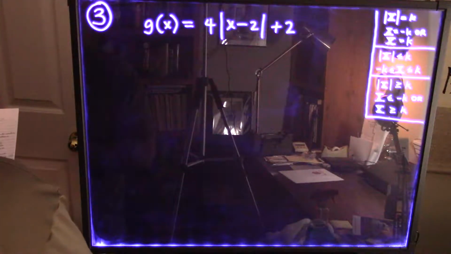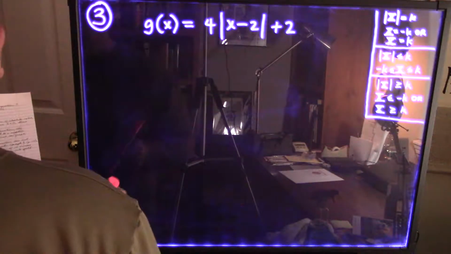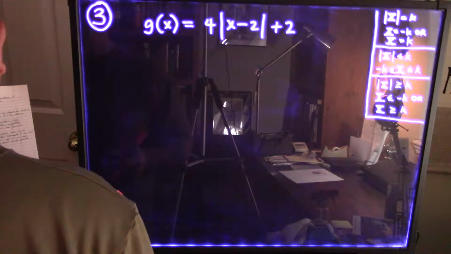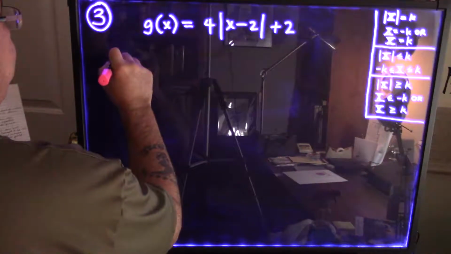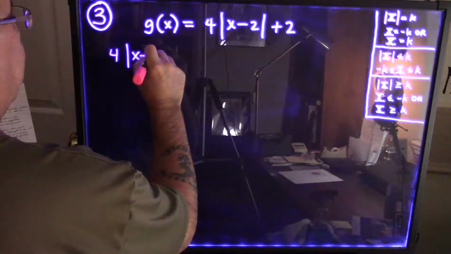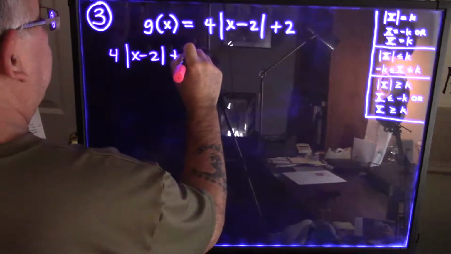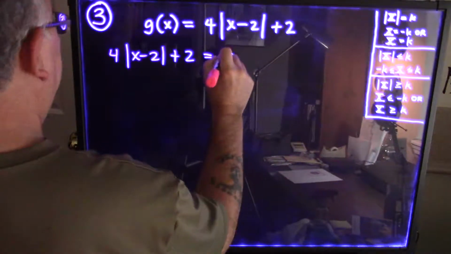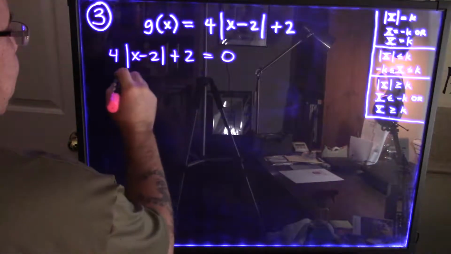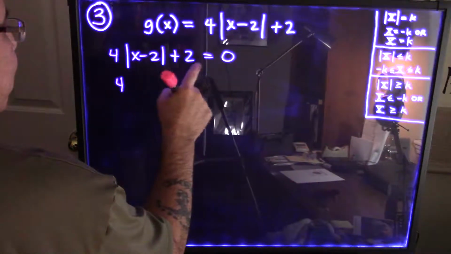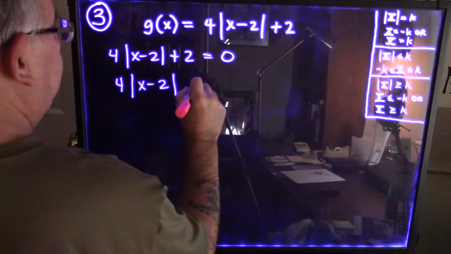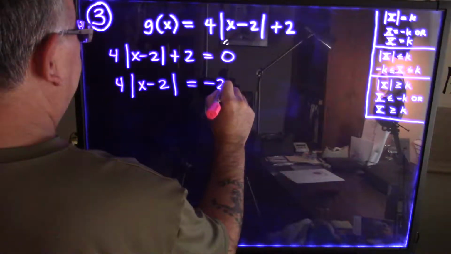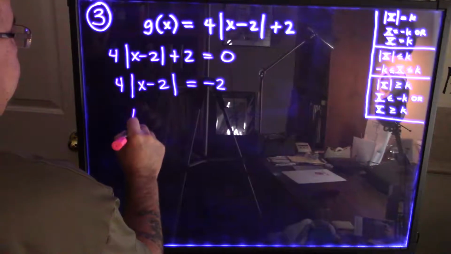Now if it crosses the x-axis, then setting it equal to 0 is going to give us at least one solution. So let's do that. Move the 2 to the other side. Divide both sides by 4.